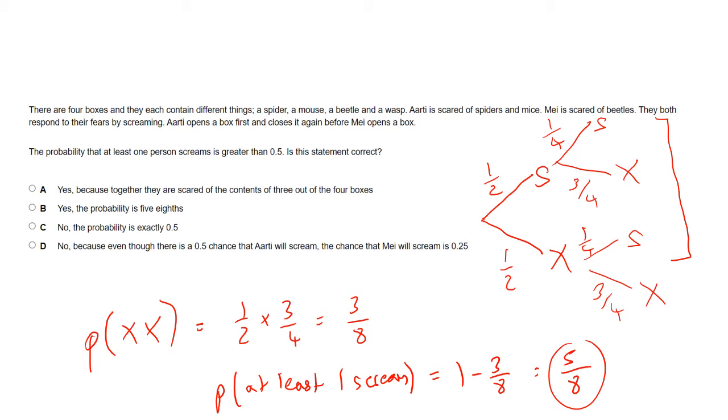Why not A? Well, because although it's true that between them they're scared of the contents of 3 out of the 4 boxes, when you work it out, that must mean that the probability of at least one of them screaming is greater than 0.5.